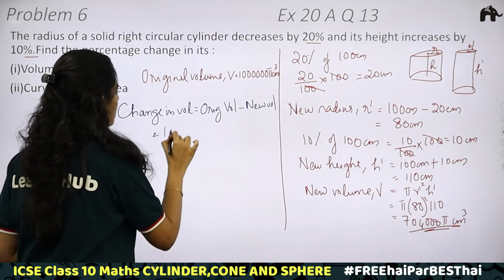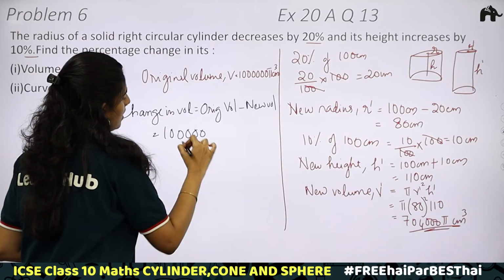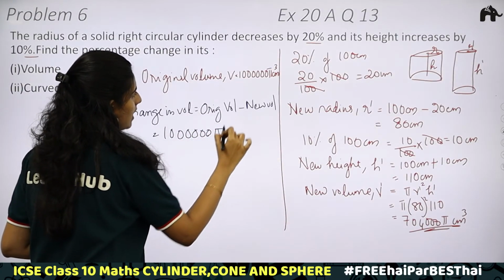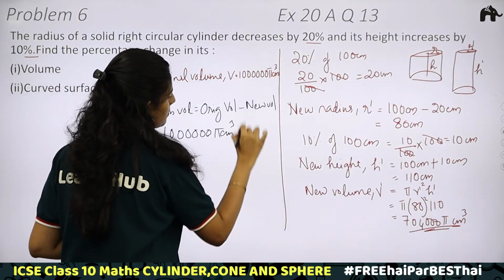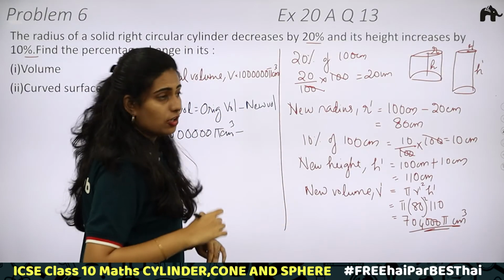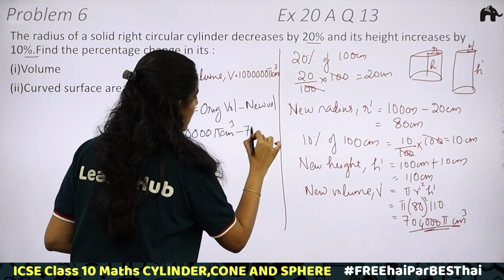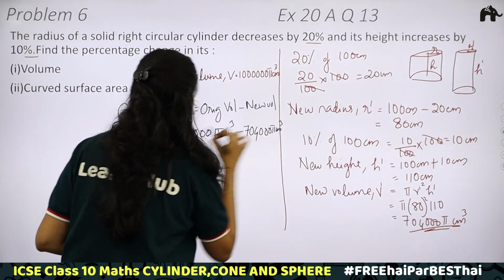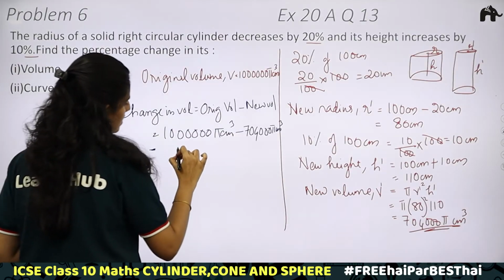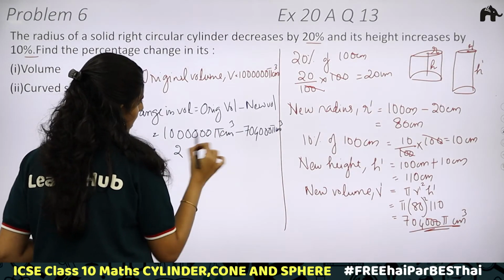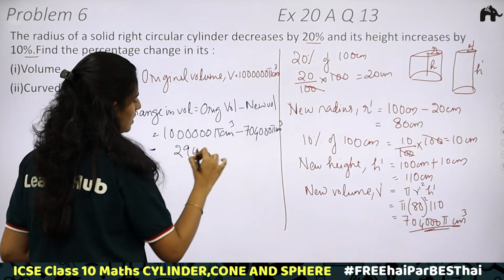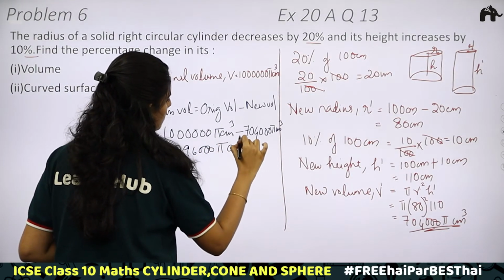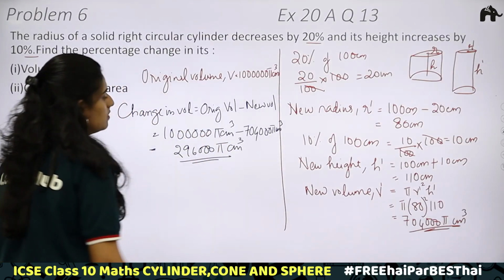Original volume we have 10 lakh pi centimeter cube and the new volume is 7 lakh 4,000 pi centimeter cube. On subtracting, we get 2 lakh 96,000 pi centimeter cube. So this is the change in volume.